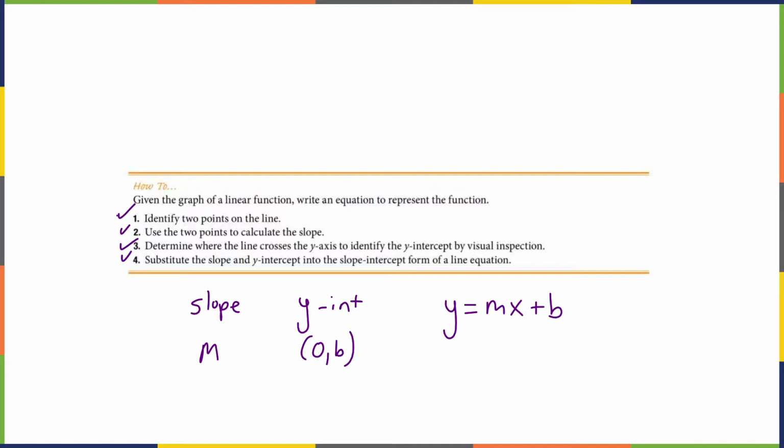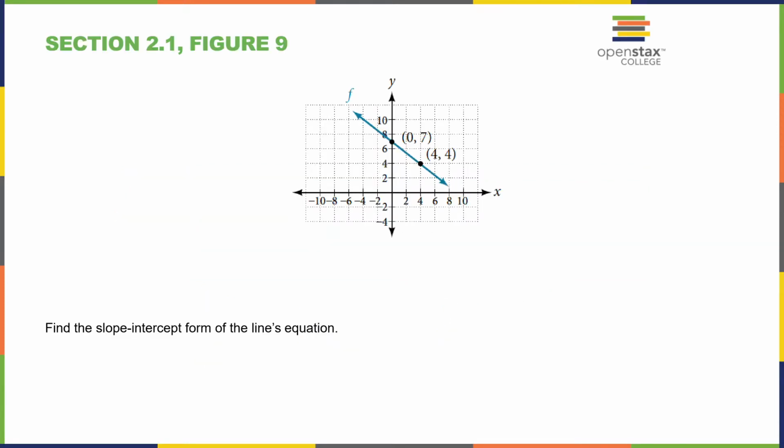So this is one way to do it, and it's the easiest way if given the graph, you can find the y-intercept. You're also welcome to start with point-slope form and go to slope-intercept form. But we'll talk about that more in a little bit. So here I see I have 2 points. I can calculate the slope between them.